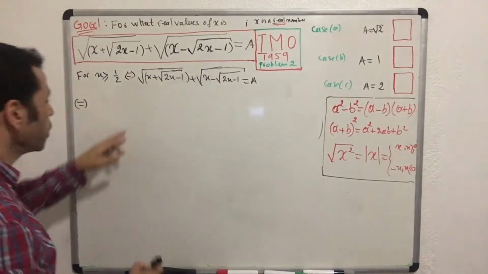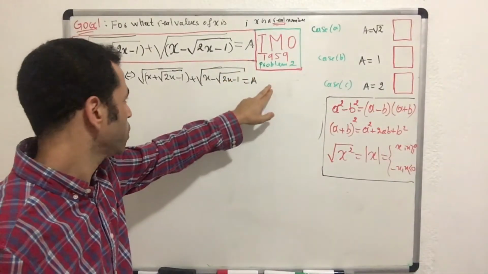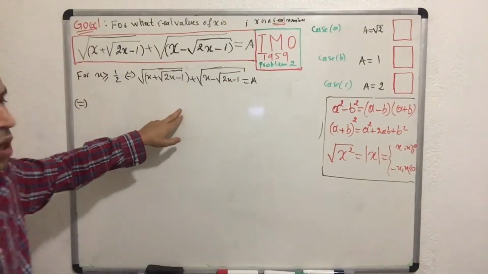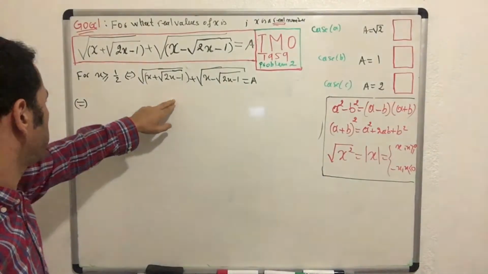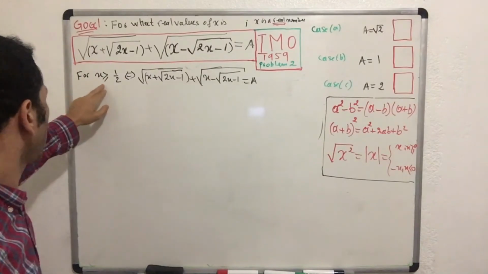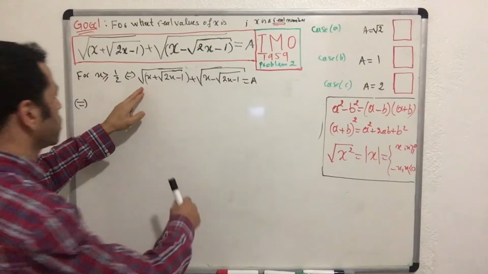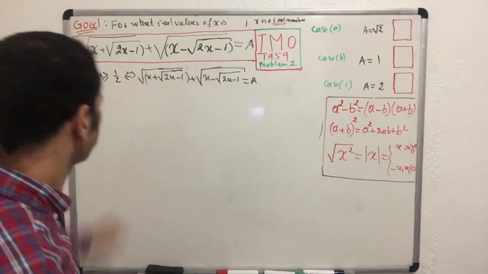Now in this step I'm going to solve this equation for all x superior or equal 1 over 2.